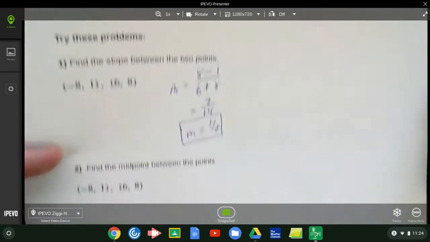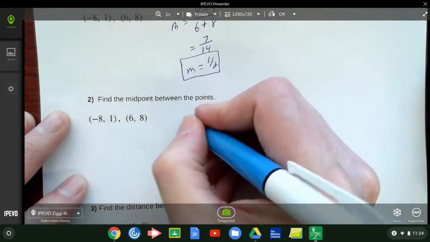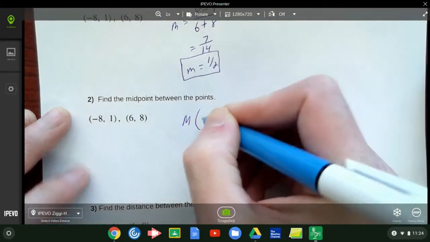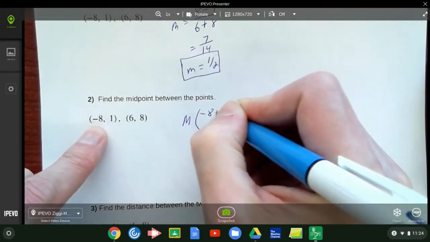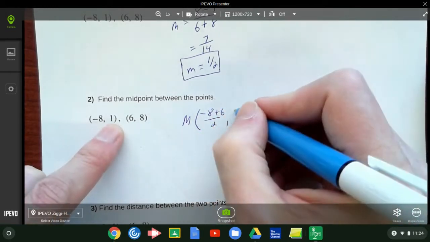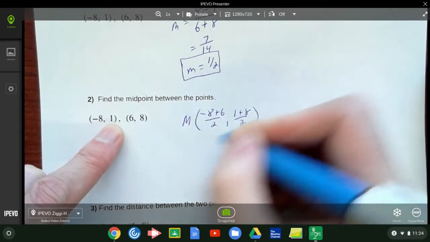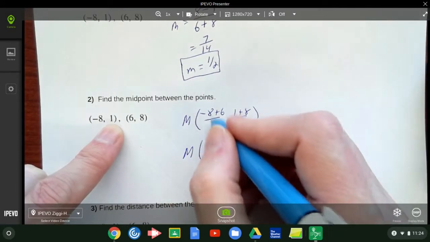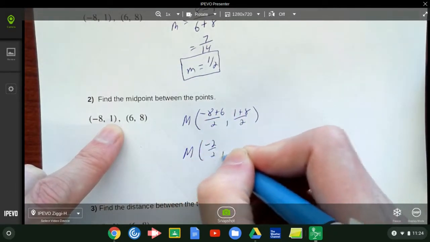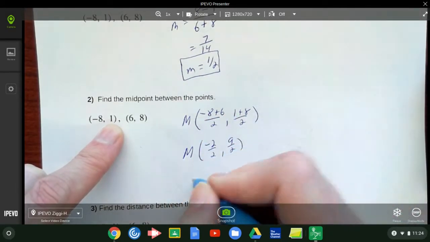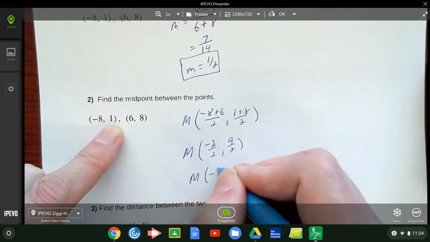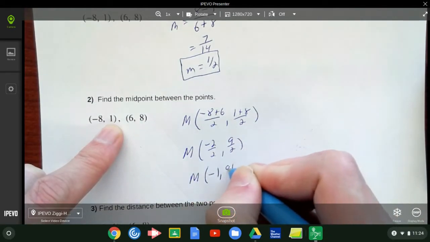Not too bad. Midpoint between those. Midpoint, I'm adding them this time, so negative 8 plus 6 over 2, 1 plus 8 over 2. When I add those together, that's going to give me negative 2 over 2 and 9 over 2. So my midpoint is negative 1, 9 over 2.